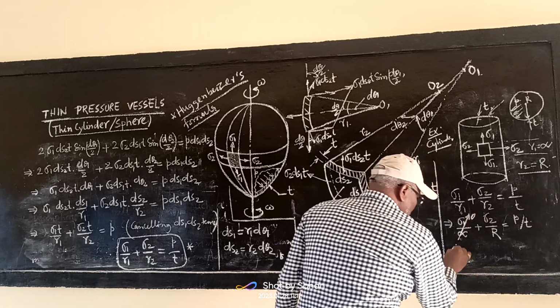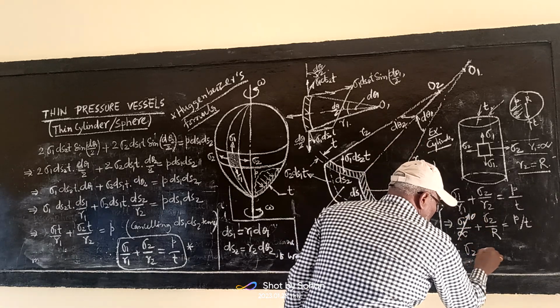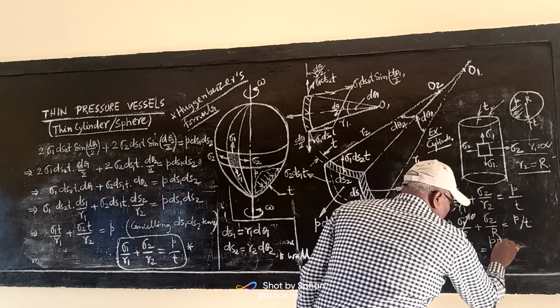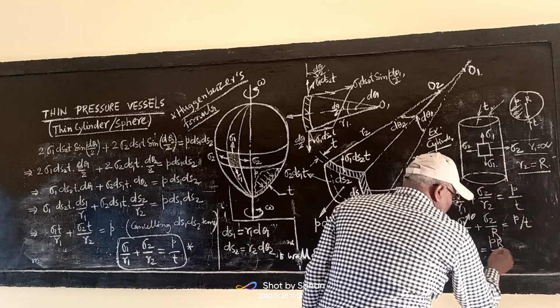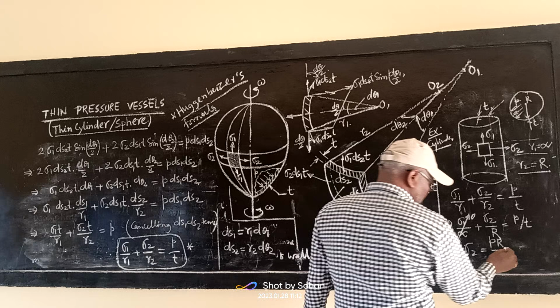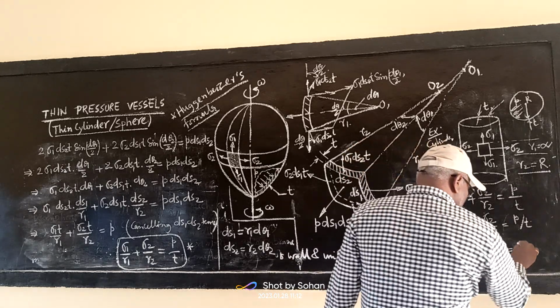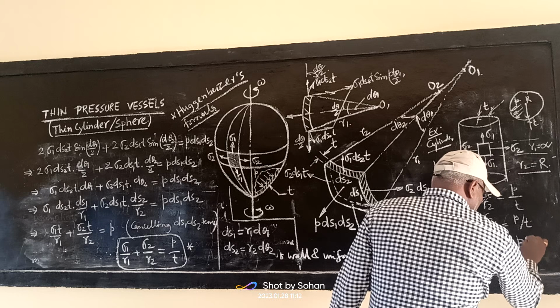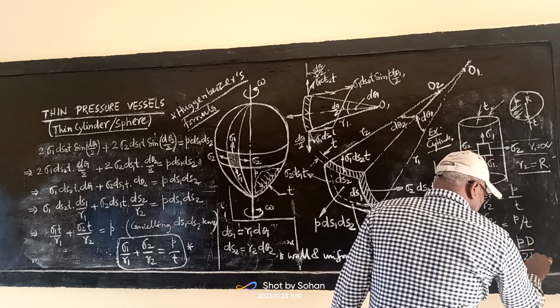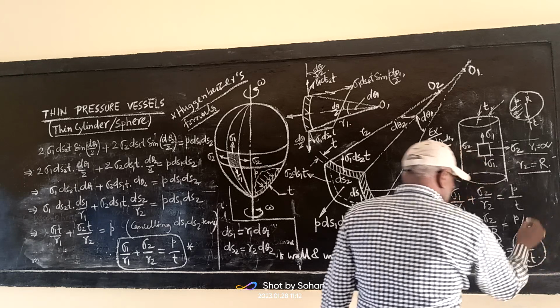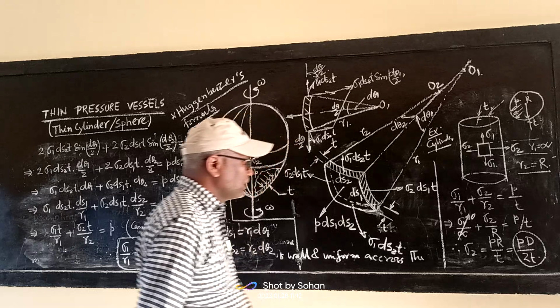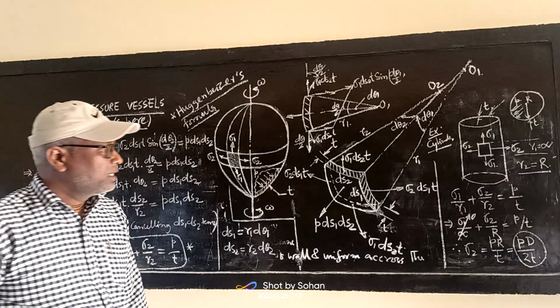Therefore sigma 2 is equal to PR by T, in terms of radius. In terms of diameter, it will be PD by 2T. This is the usual formula for the hoop stress of the cylinder.